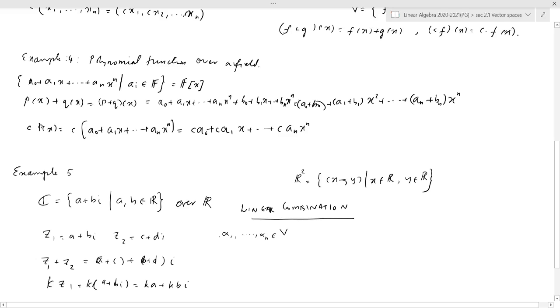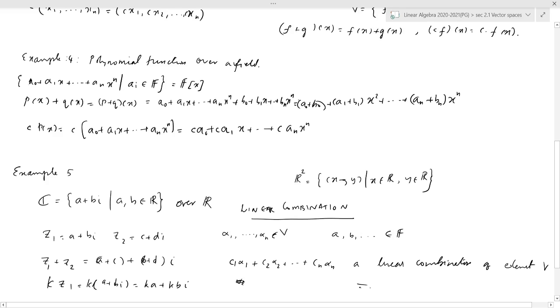In this textbook, the Greek letters are used to denote the vectors, and the English alphabets a, b, c, d, etc. are used to denote the scalars or elements of F. We know that if any c belongs to F, c times alpha is an element of the vector space V. So c1 alpha 1, where c1 is an element of F and alpha 1 is an element of V. If we consider this combination c1 alpha 1 plus c2 alpha 2 plus etc. plus cn alpha n, this is what we call a linear combination of elements of V. This is the definition.